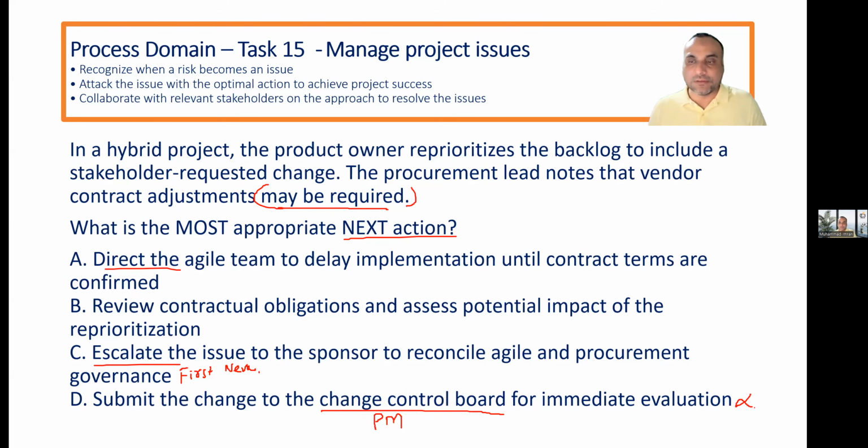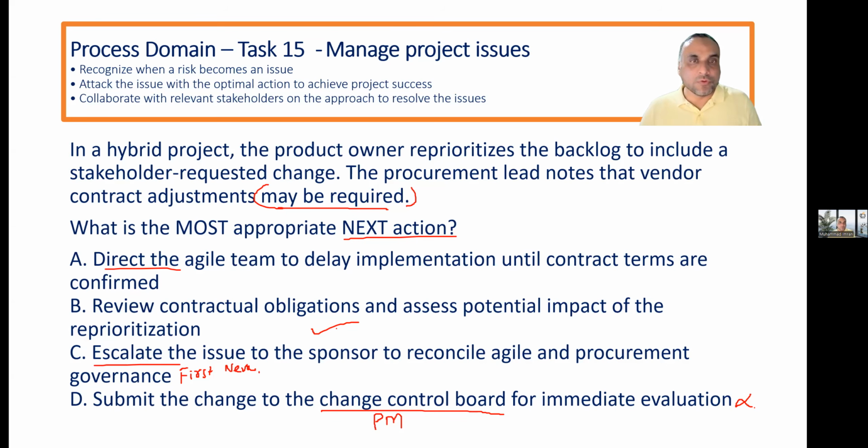So the correct answer is to review the obligations. Yes. You cannot directly direct.